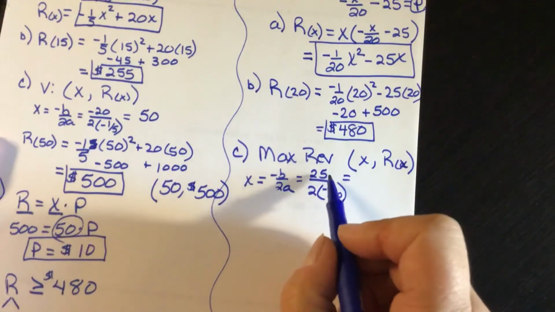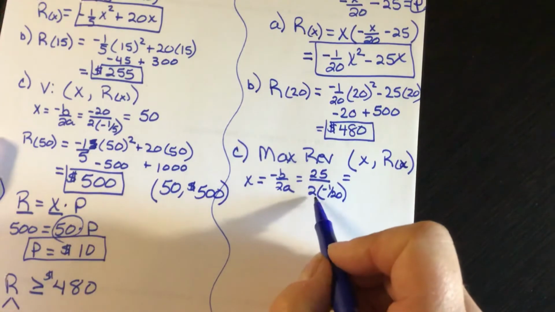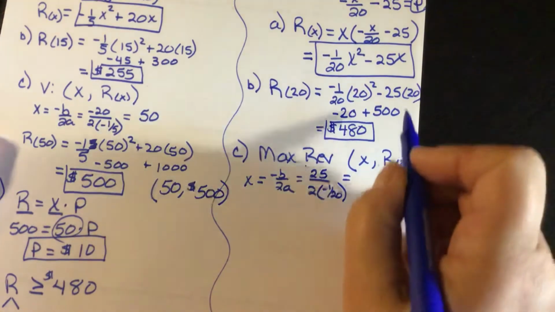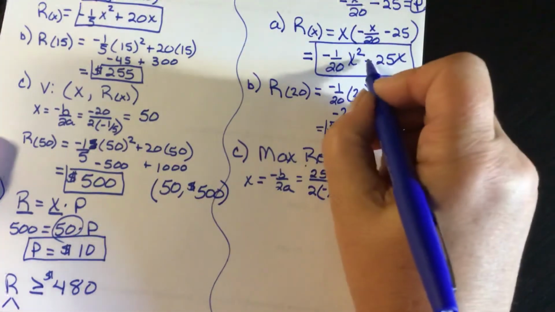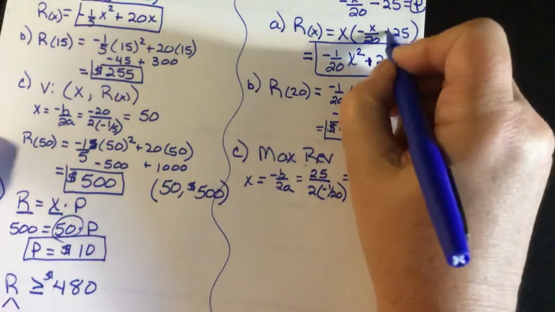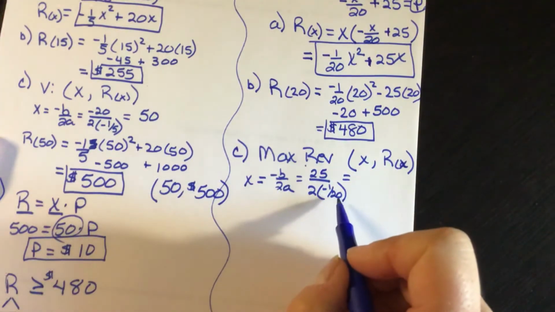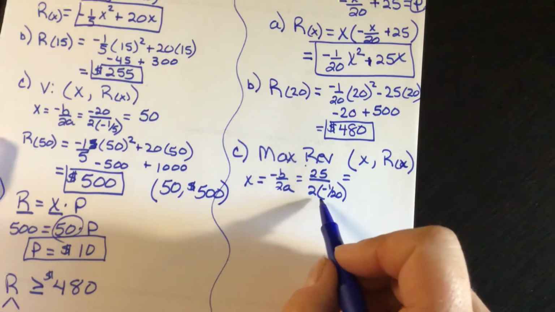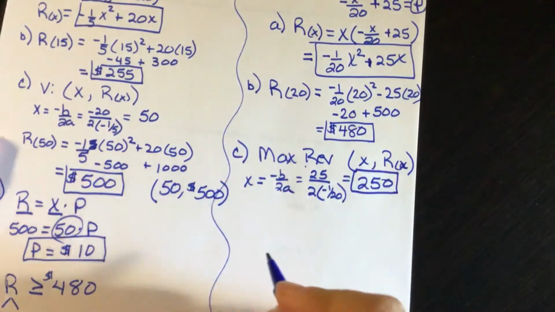So I'm dividing 25 by negative 1/10. Oops, I lost this, this should be plus here. Okay, so the number of items, 25 divided by negative 1/10 is 250 items.